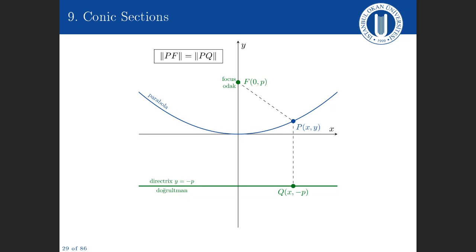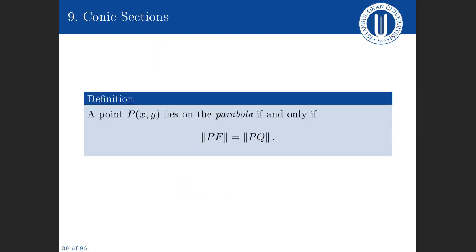The rule is that a point P on the parabola must satisfy that the distance from the point P to the focus is the same as the distance from the point P to the line. That's the shortest distance from the point to the line, so straight down. Formally, a point P lies on a parabola if and only if the distance from P to F is the same as the distance from P to Q.